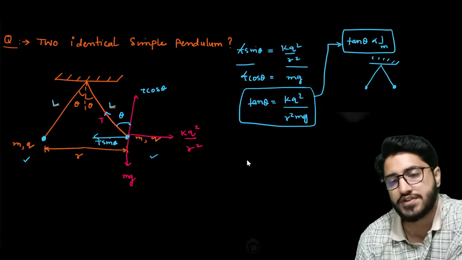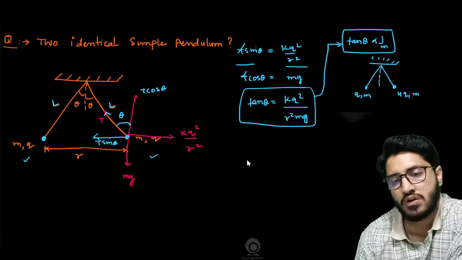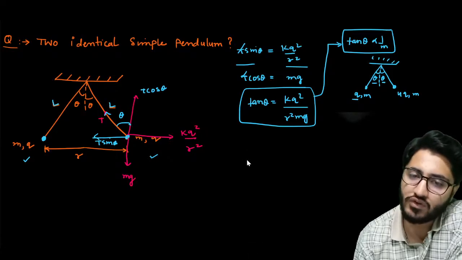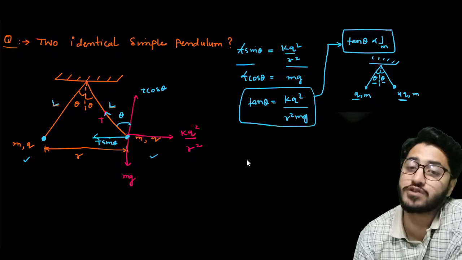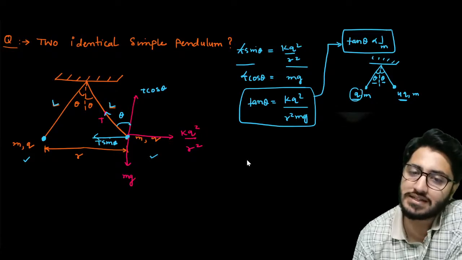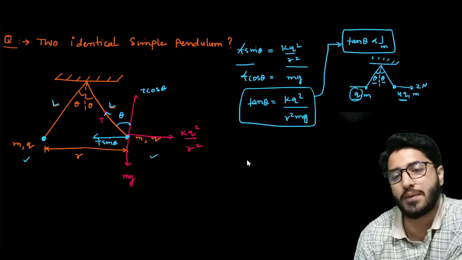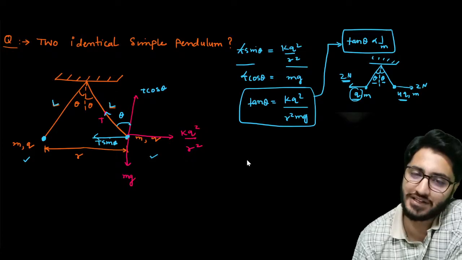Initially, this is Q, mass is M. This is 4Q, mass is M. Look, both will have the same theta. Do you know why? Because you will have the same force. If this one applies some, let us suppose, 2 Newton force here, this will also apply 2 Newton force here. Why? Action and reaction pair by Coulomb's law.